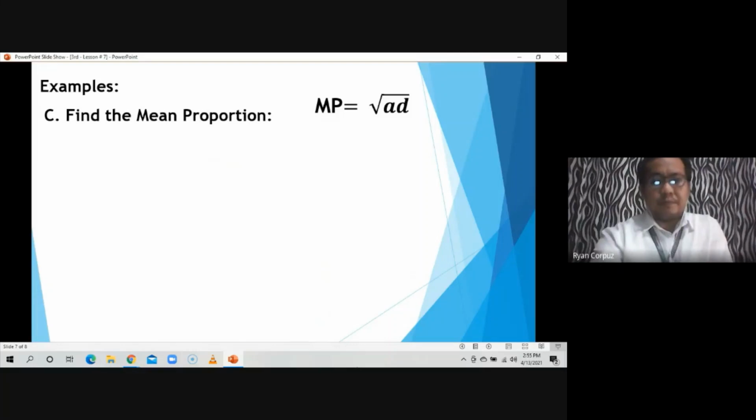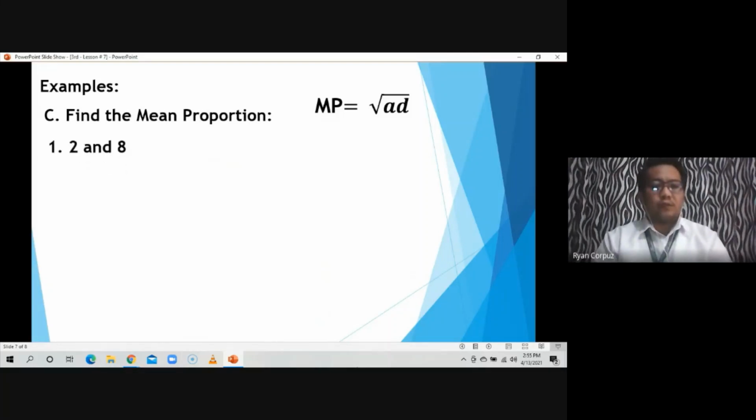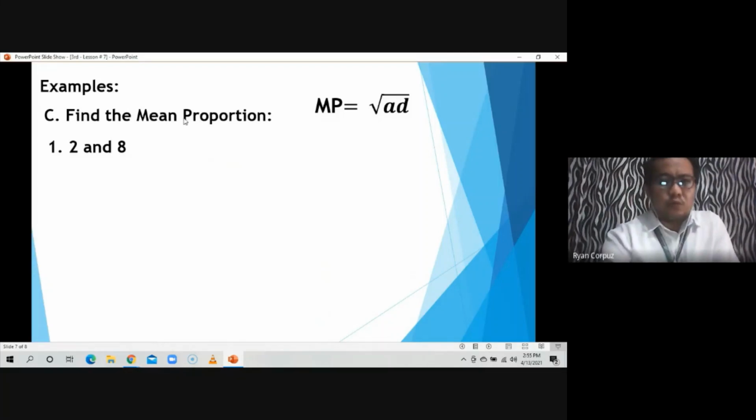Let's take for example number 1. So number 1, the given is find the mean proportion of 2 and 8. So paano gagawin natin? Using the formula, and AD stands for the two numbers, so ito yung numbers na yon, just simply substitute the two numbers on the formula.